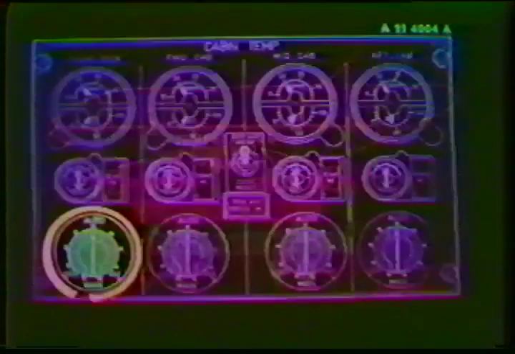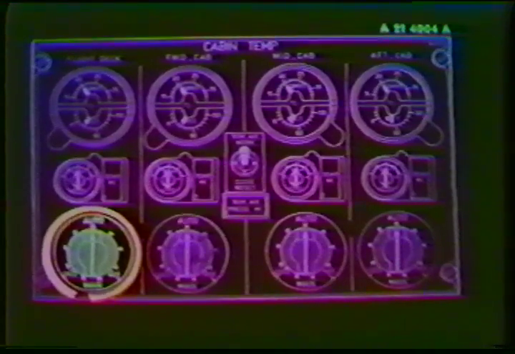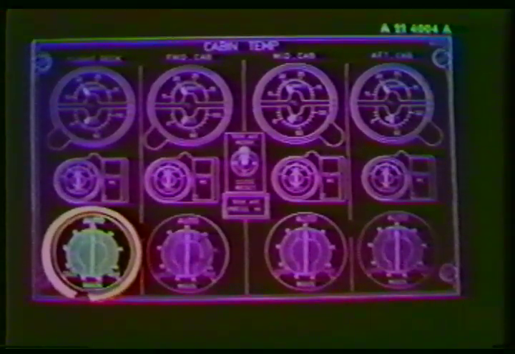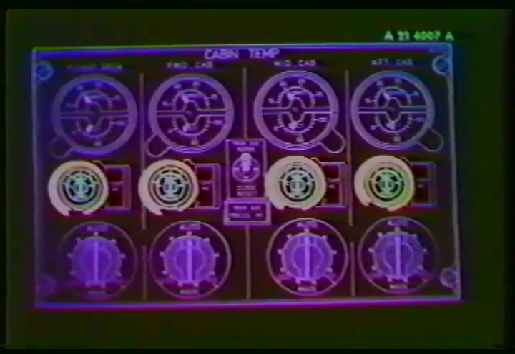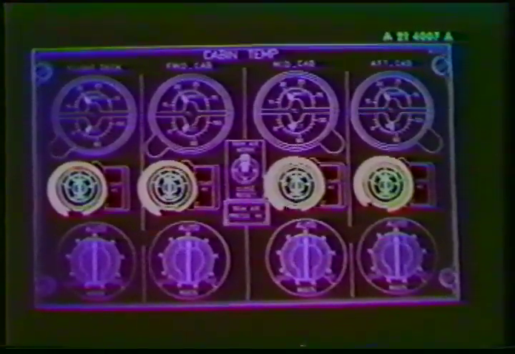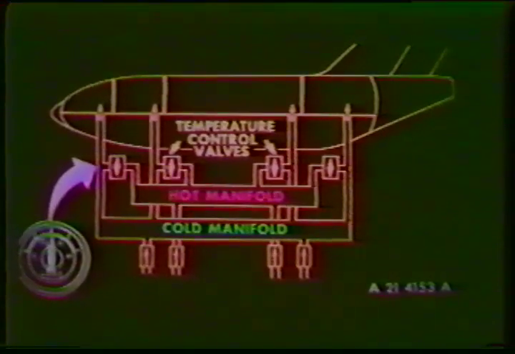A temperature control valve is controlled by a rotary selector, either in the automatic mode via a controller or in the manual mode. Above the rotary selector is an indicator which displays the position of the temperature control valve.